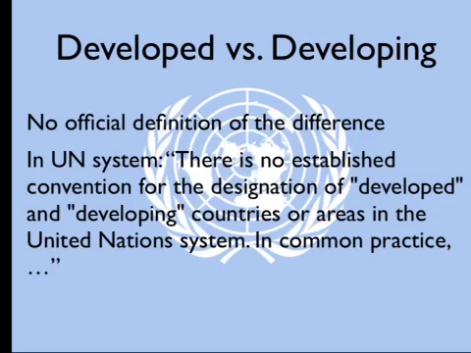In common practice, and then they keep going. This means that there are no clear rules about how one can designate, can name a developed or developing country. So they are relying on common practice, what has been done in the past.